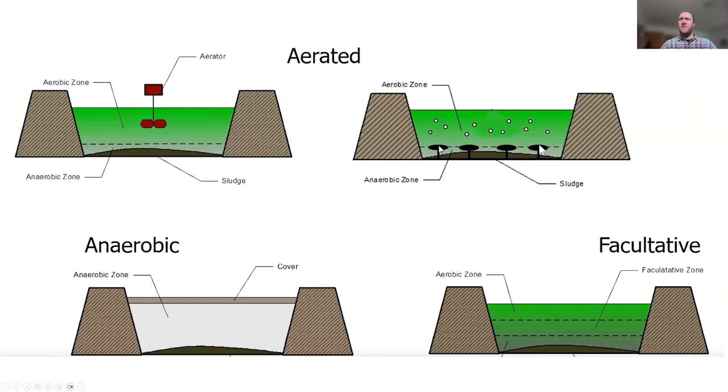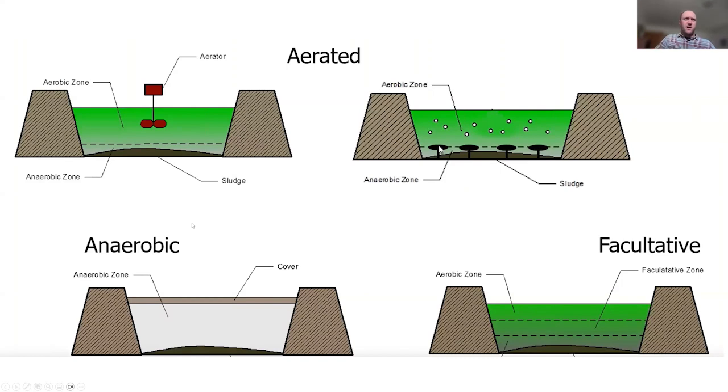And on the right, you have these air diffusers, which bubble up oxygen from the bottom. Even if you have these diffusers or the mixer on top, there still is going to be some sludge on the bottom that sinks down.